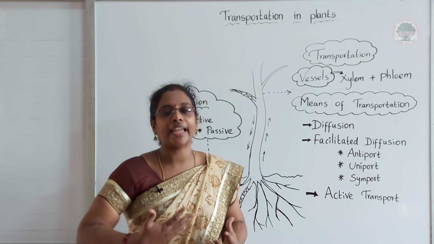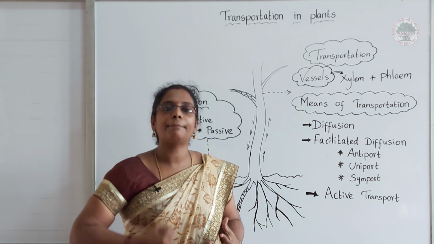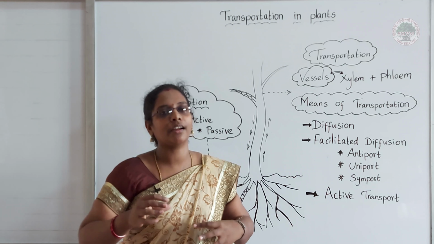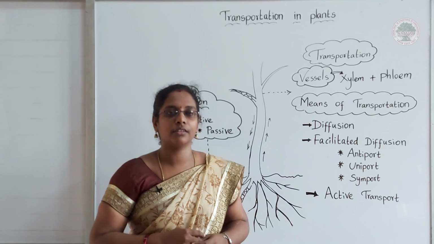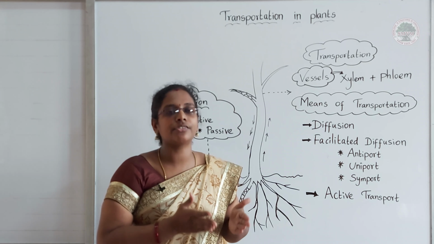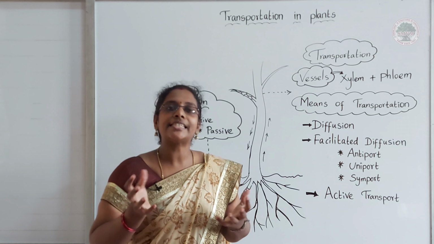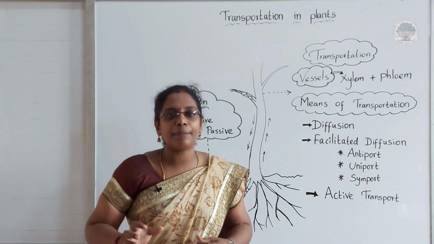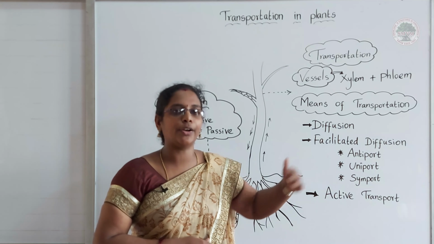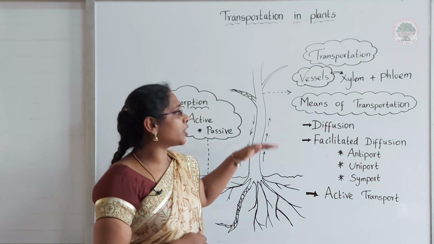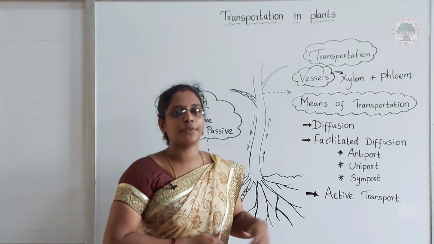By using that energy, it pumps the particular nutrients from one region to another region. So in active transportation, the cell's energy, which means ATP, is utilized and this function is carried out. So these are all the different means of transportation.